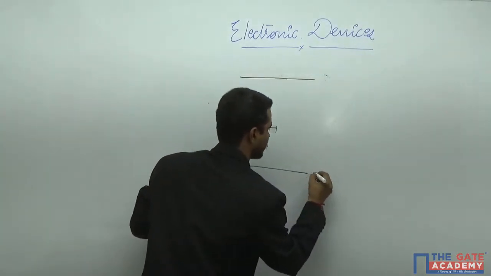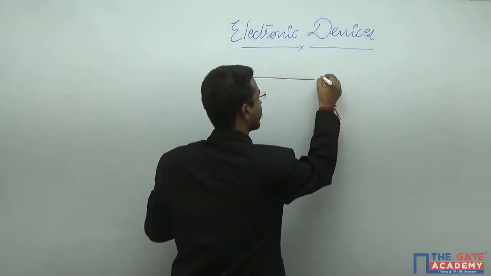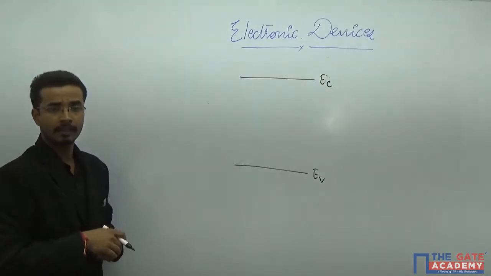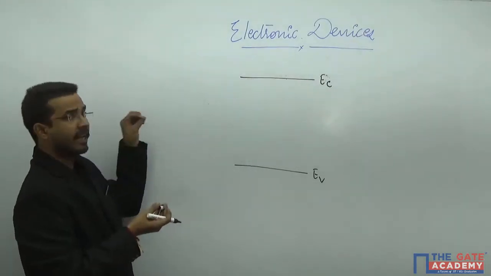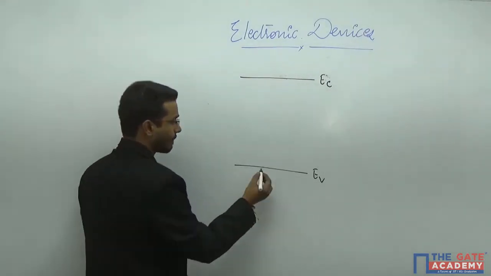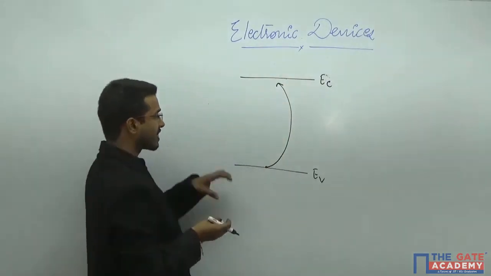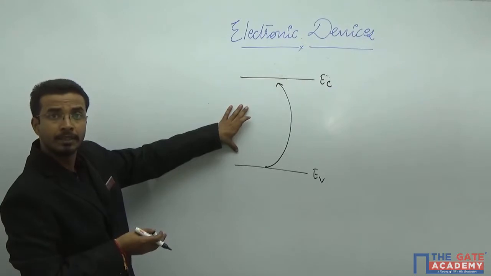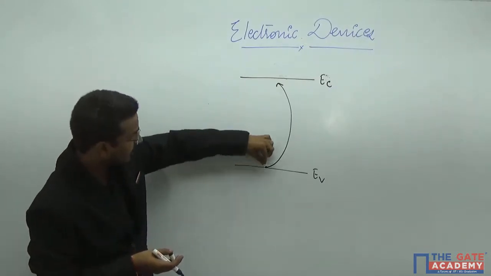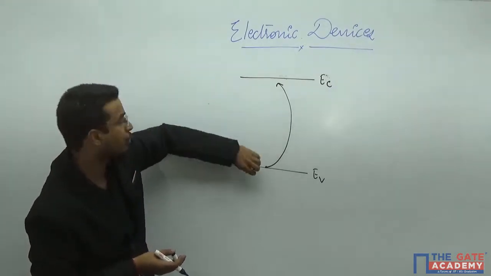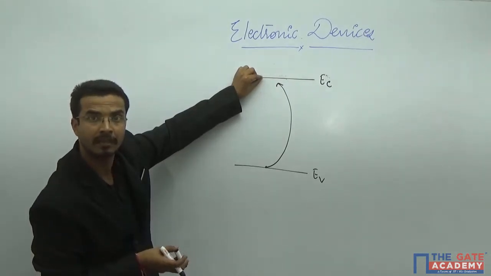In the energy band diagram, as all of you know, there is EC and EV. If I provide any particular energy, what will happen? One electron will get excited from here to here, and this much energy is required to detach the electron from the valence band and transfer it into the conduction band.